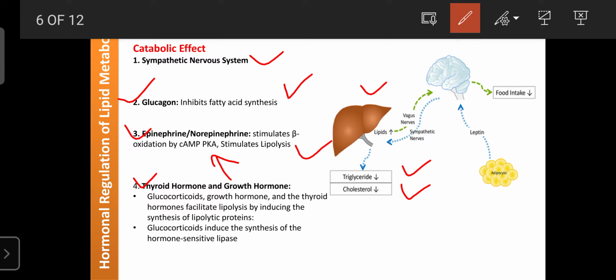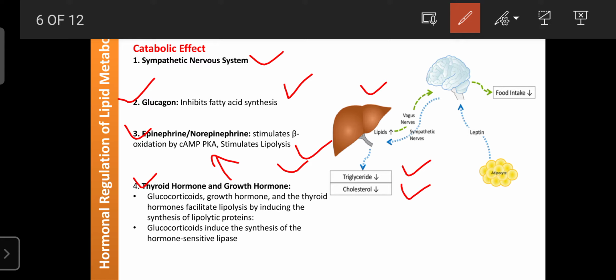Another two are the thyroid hormones T3 and T4, and growth hormone. Growth hormone is a pituitary gland hormone. Both are involved in the down regulation of lipid metabolism, decreasing lipid stores by enhancing beta oxidation, because these two hormones are mainly involved in the development of the body.